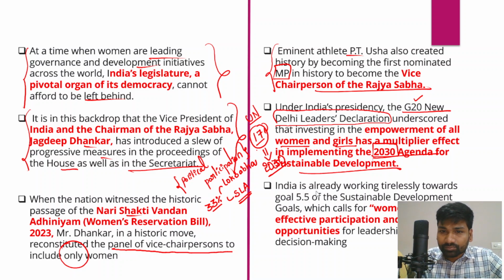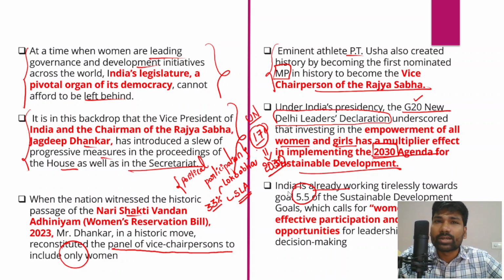And in fact, India is already working tirelessly towards achieving Goal 5.5, because Sustainable Development Goal number 5 talks about gender equality. Please also go through the 17 Sustainable Development Goals. They are very, very important from your exam point of view, right? In the prelims examination, you may get a question of matching, such as Sustainable Development Goal number 1 deals with what, goal number 2 deals with what.